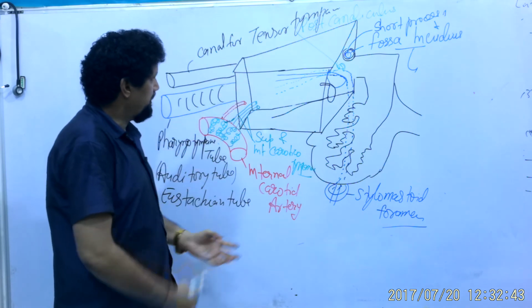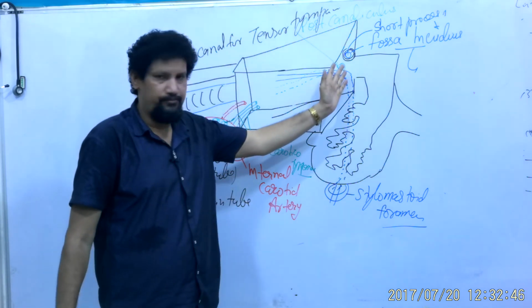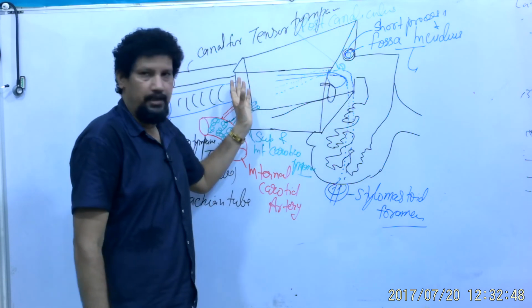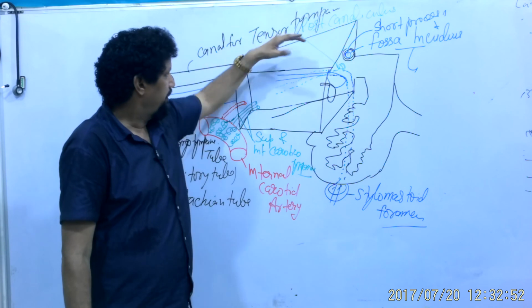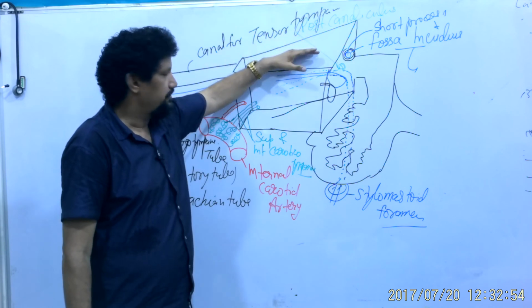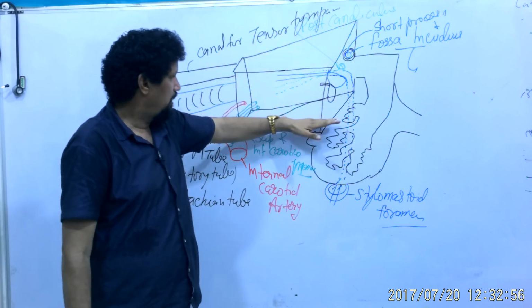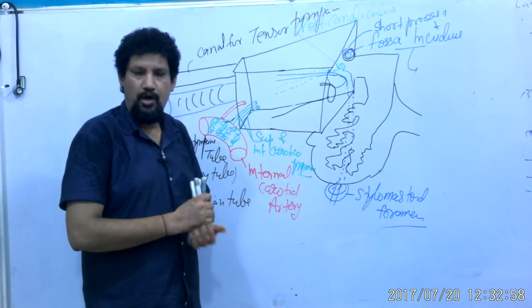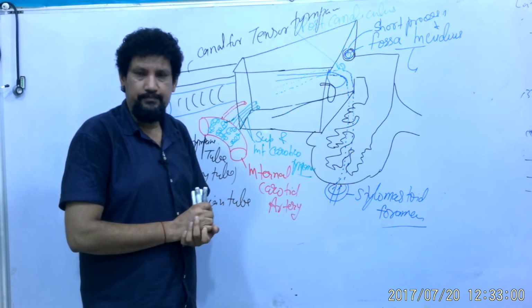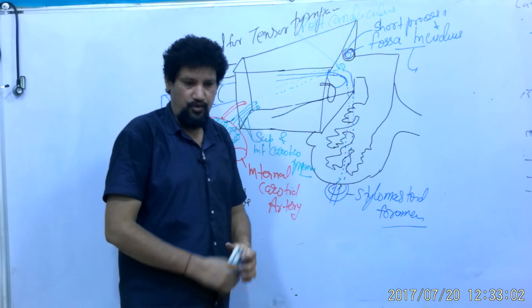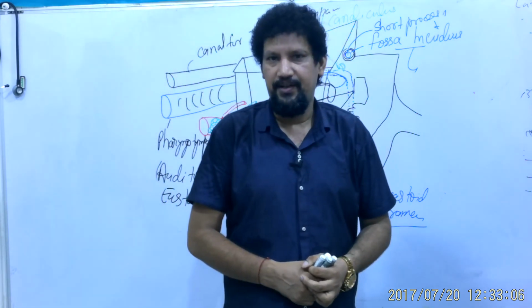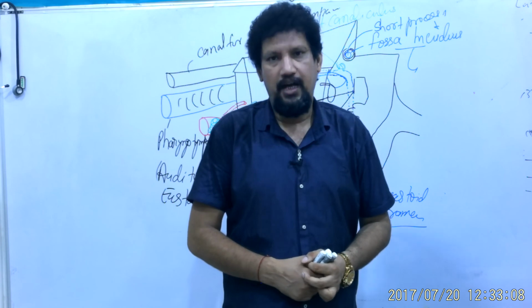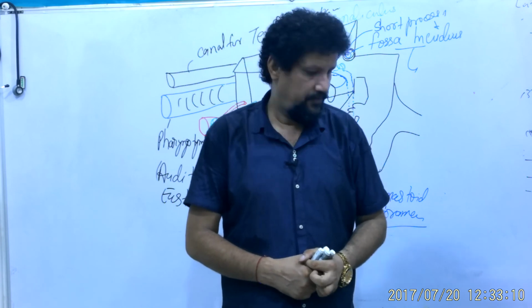Up to now we have seen the mastoid or posterior wall, the anterior or carotid wall, the tegmental or the roof, and the floor or the jugular wall. Now after a short break I will talk about a little complicated medial and the lateral walls.